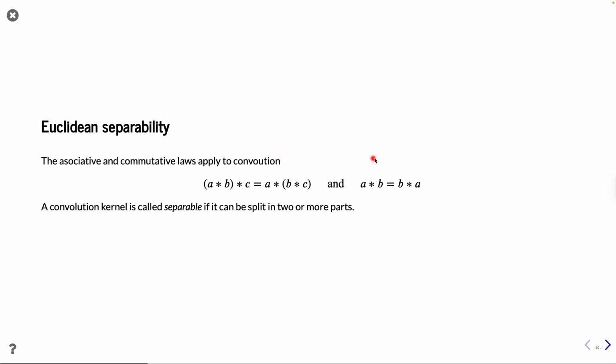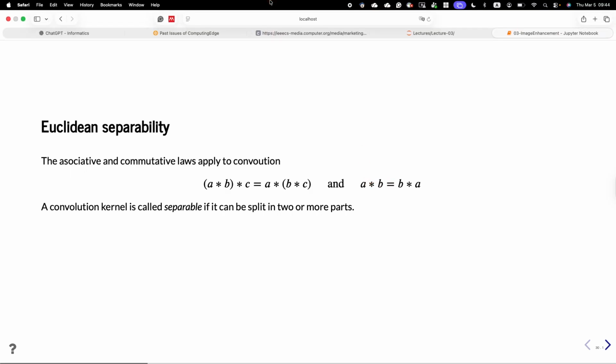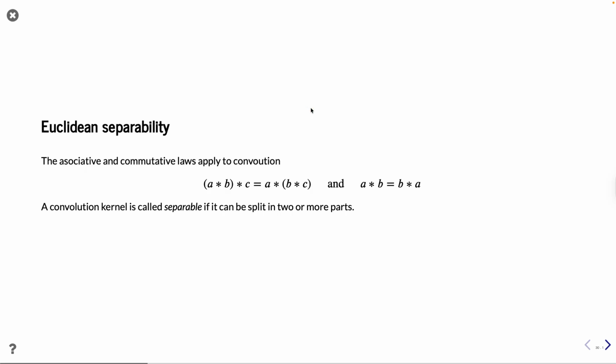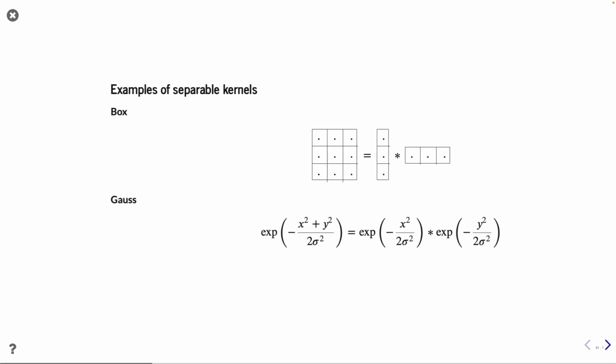Another interesting thing about the convolution is that for some kernels, you can separate them into smaller kernels. The important thing is that the associative and commutative laws apply to convolution. So these two are equivalent.